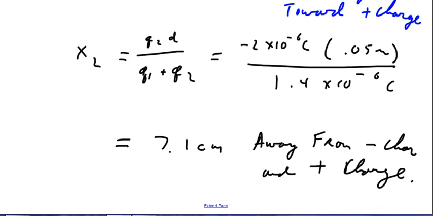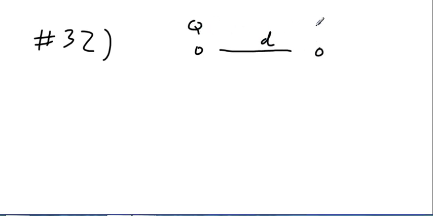Okay, moving on to number 32. Two equal but opposite charges are separated by a distance d. Okay. Distance d, equal and opposite.